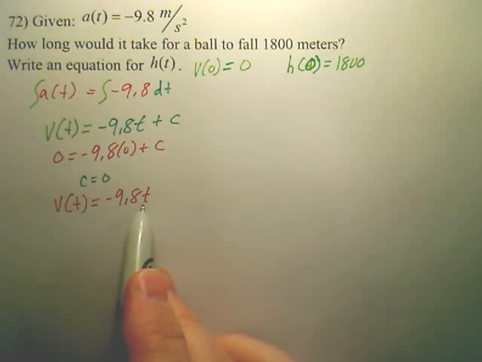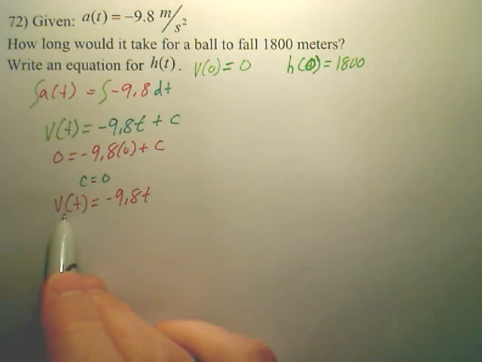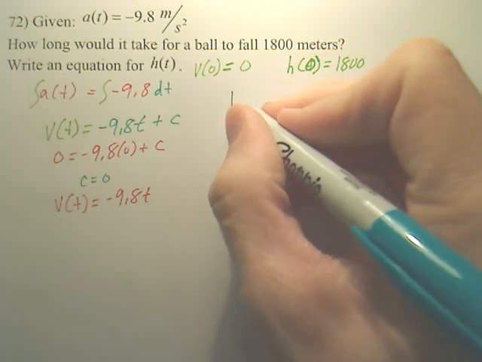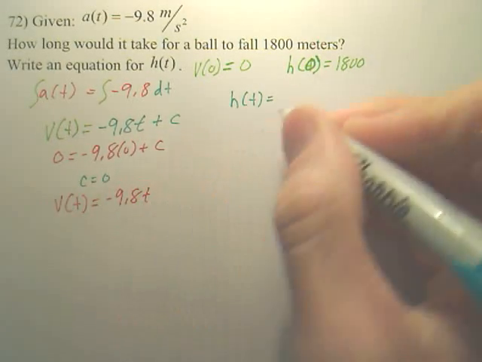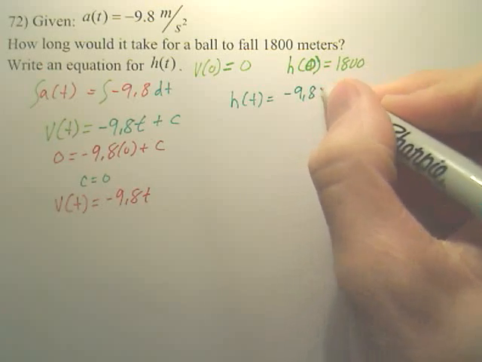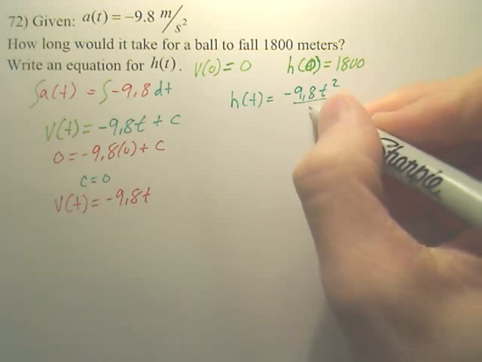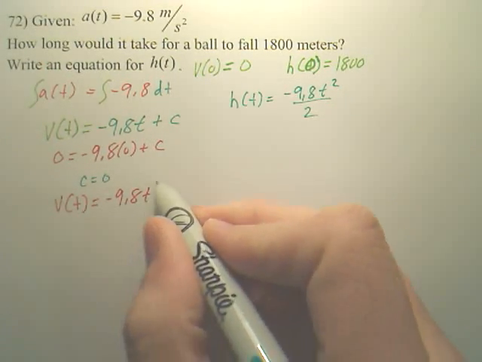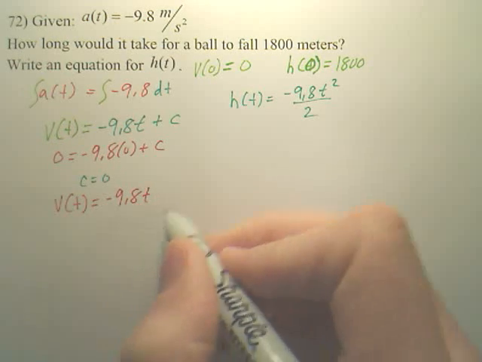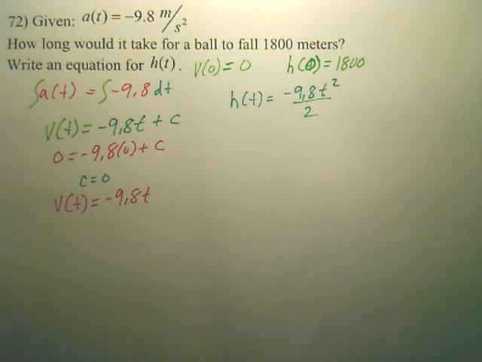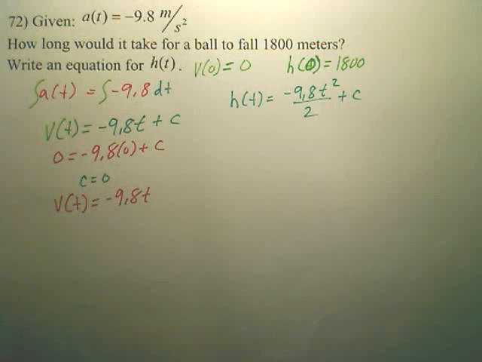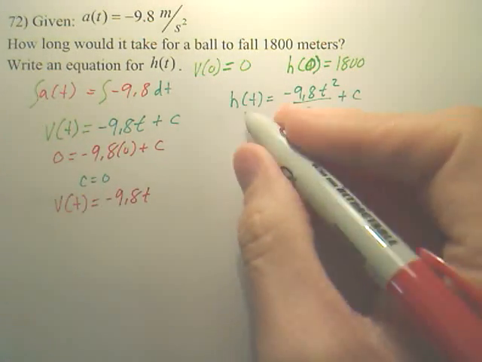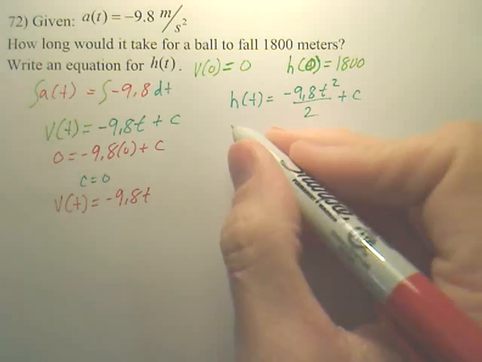Yes, if I integrate this to get to h of t, when you integrate v of t, you now have h of t. When you integrate this, don't you have negative 9.8 t squared divided by 2? Because don't you add a power and divide by that power? Plus c. Don't forget the plus c's. So we now have this equation.